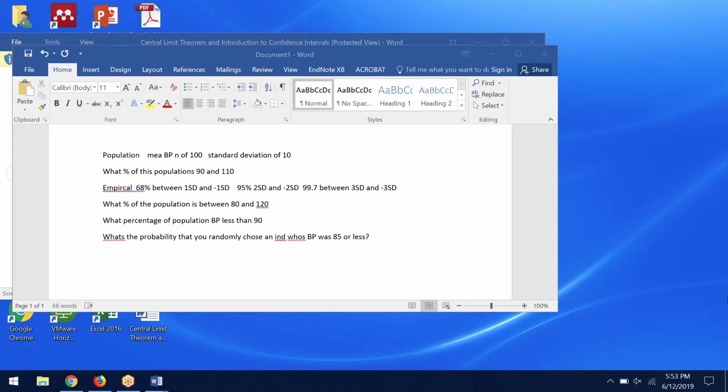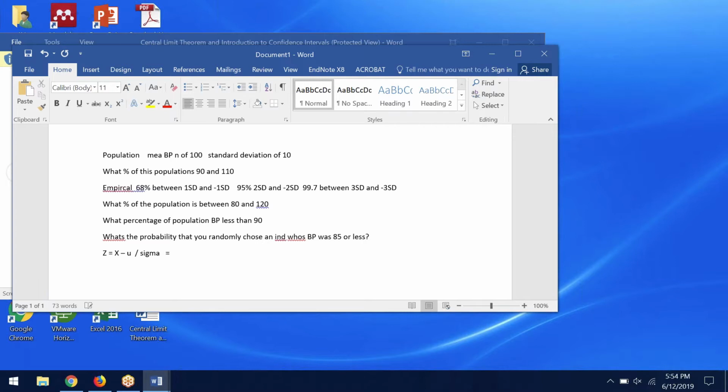We're going to go to the Z table exactly here. In this case, 85 is 1.5 standard deviations below the mean. Another way of expressing that for the standard normal distribution is that its Z-score, its number of standard deviations from the mean, is equal to the value we're interested in, 85 in this case, minus the population mean over the population standard deviation, sigma.